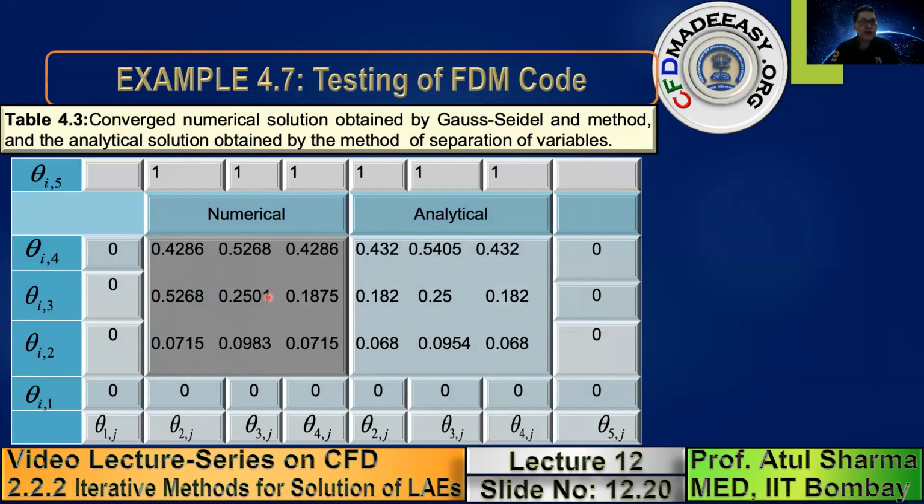Now you can see the difference between the numerical and analytical: here numerical is 0.4286, analytical is 0.32. Here it is 0.5268, here it is 0.54. So the difference is negligible. So you can feel confident that you have done the programming properly, and this is like testing your numerical solution with the analytical solution.